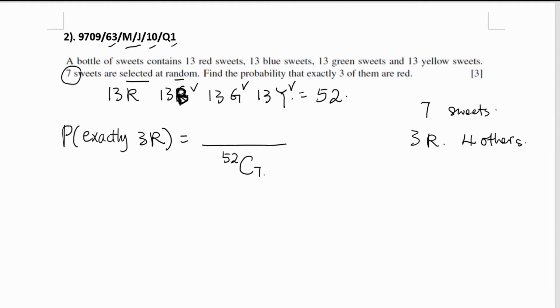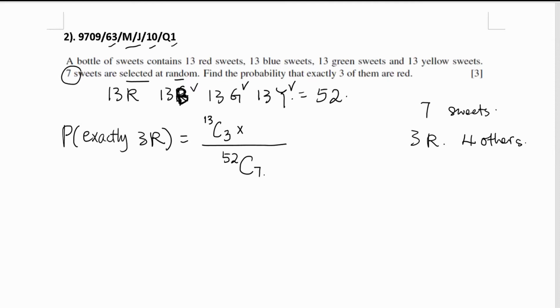All right, so what can we do? Find the number of ways for these selections. We have 13 red, we randomly select 3, and the number of ways is given by 13C3. At the same time, multiply by the blue, green, and yellow.